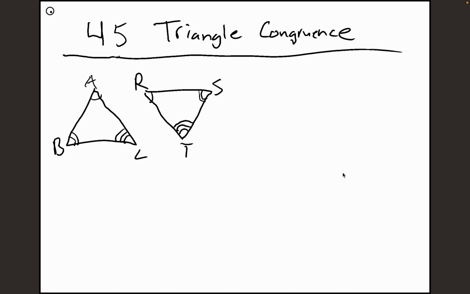So if I look at these 2 triangles, what angle can I say is congruent to angle A? R. Because it just has one congruent symbol. What about angle C? T. And then B, S.